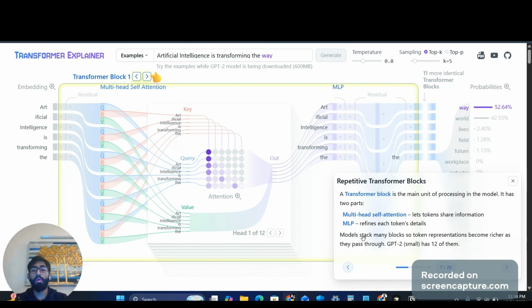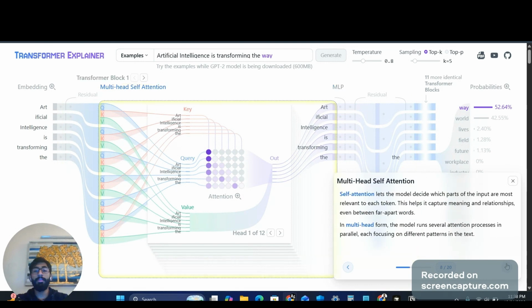Models stack many blocks so token representations become richer as they pass through. GPT-2 small has 12 of them. Right, so there are 12 of them and they go through this repetitive process. Multi-head self-attention lets the model decide which parts of the input are important and relevant to each token. This helps it capture meaning and relationships even between far apart words. In multi-head form, the model runs several attention processes in parallel, each focusing on different patterns in the text.